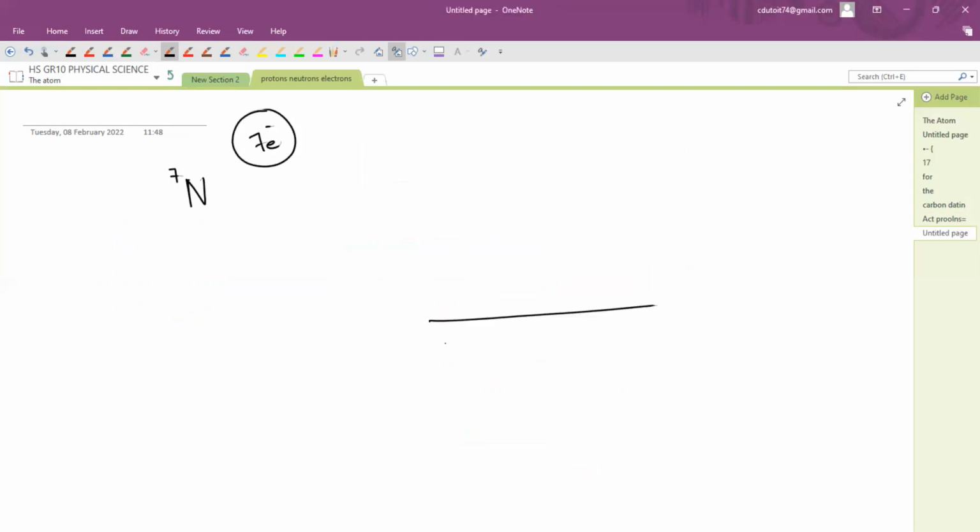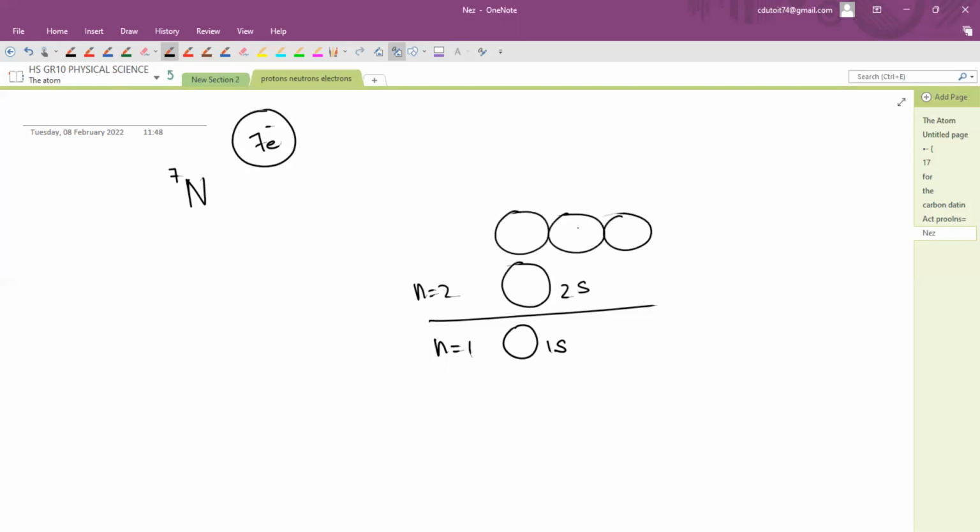So the first energy field, number 1, only has 1 orbital. It's called a 1s. Energy field number 2 has an s orbital, called 2s, and 3 p orbitals. I only have to draw 2 because nitrogen is in period 2.